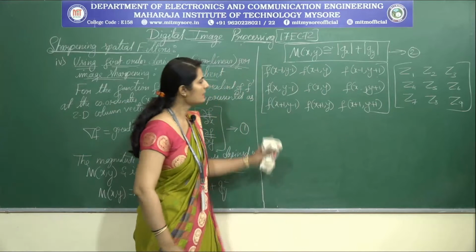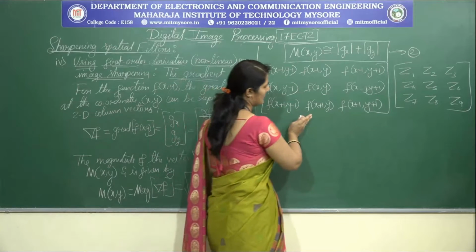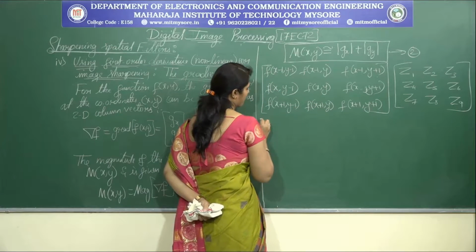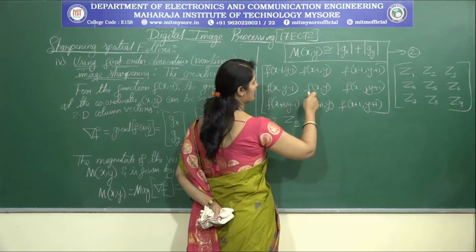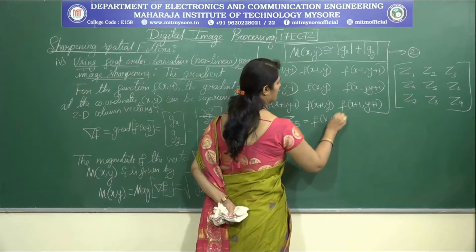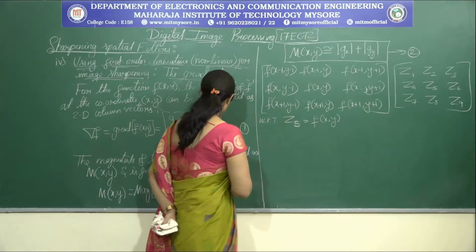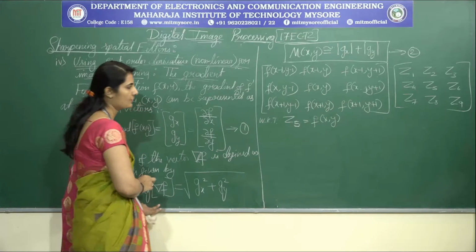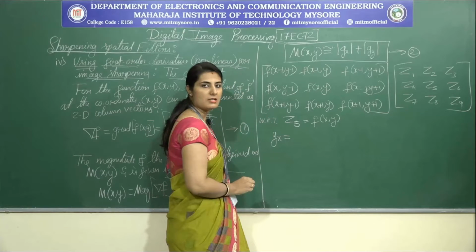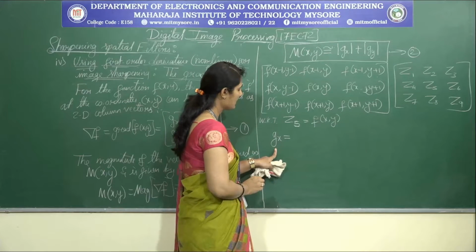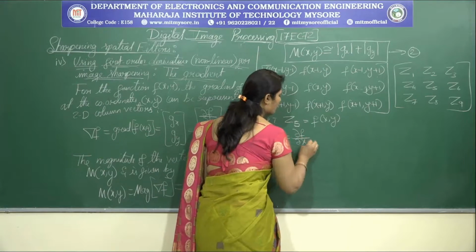Okay, so to design the mask to sharpen the image using the gradient, first we need to consider this, and here Z5 is nothing but f of x comma y, right? To find the magnitude of the gradient of f, first we need to find gx. So how do you find this gx? gx is equal to the first order derivative dou f by dou x.